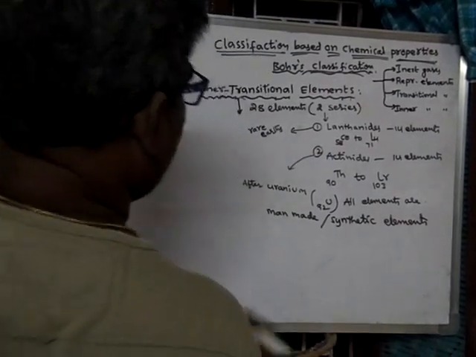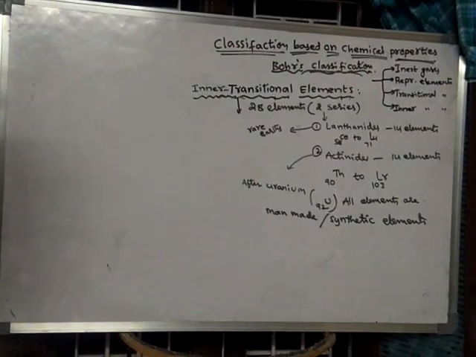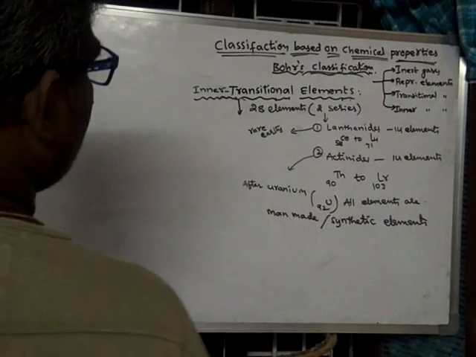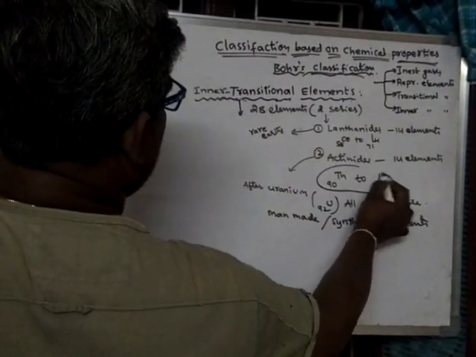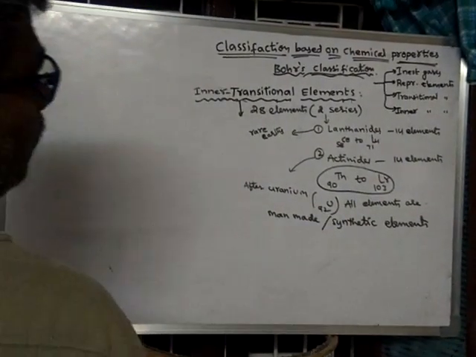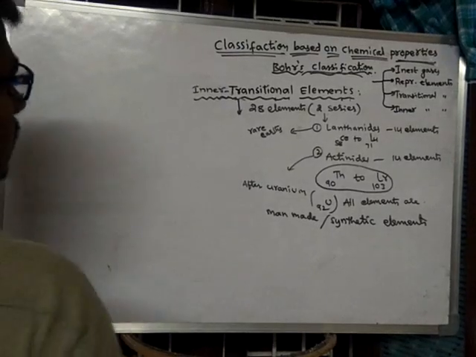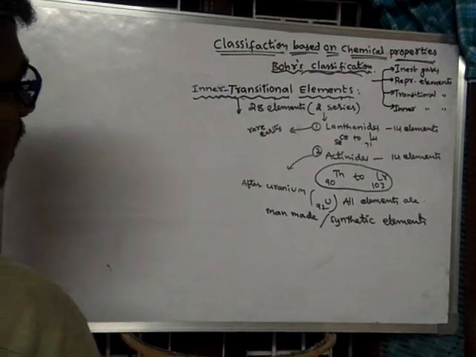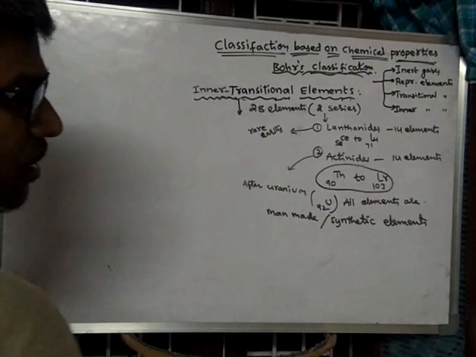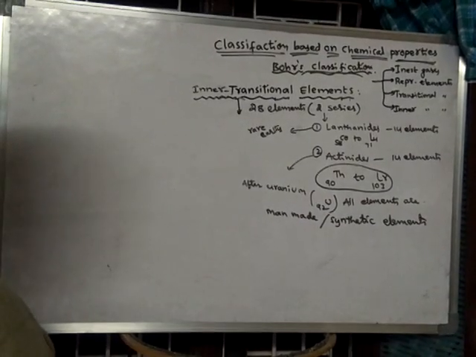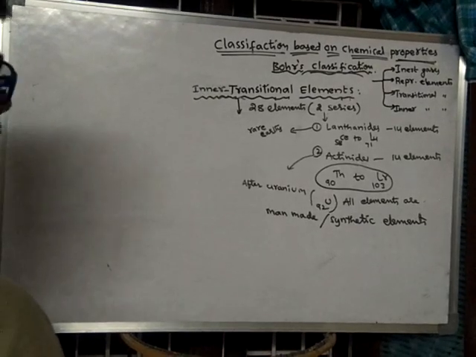Most of the actinides are synthetic elements. The elements which come after 92 are all synthetic elements.